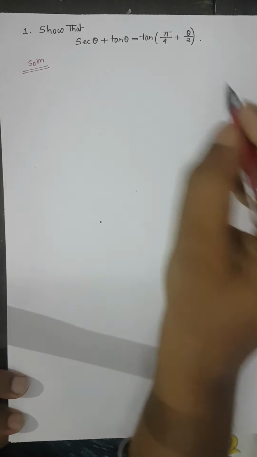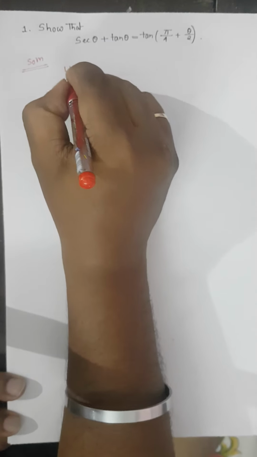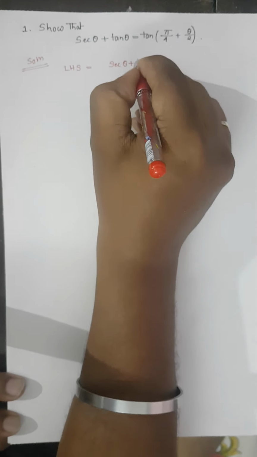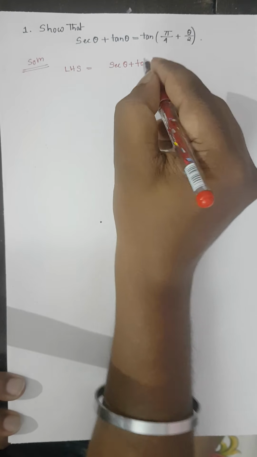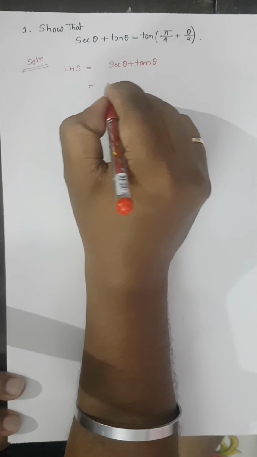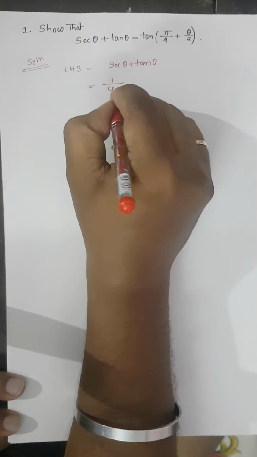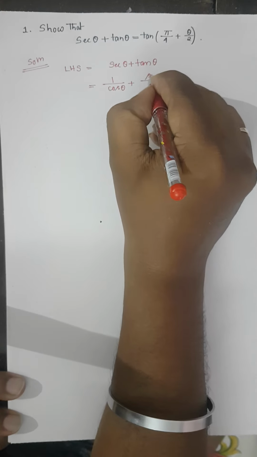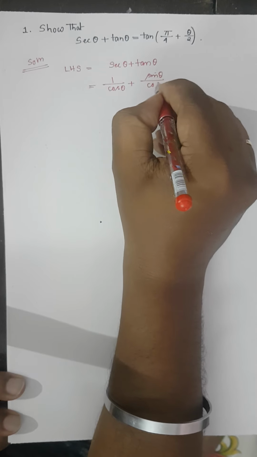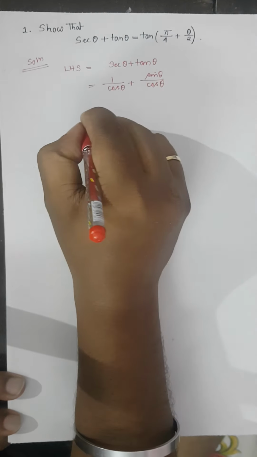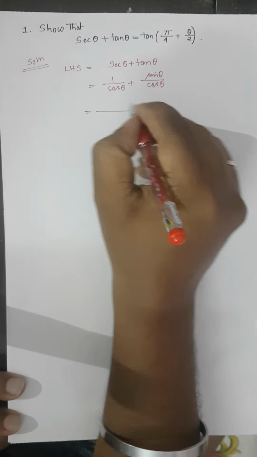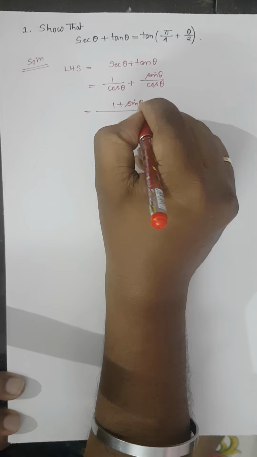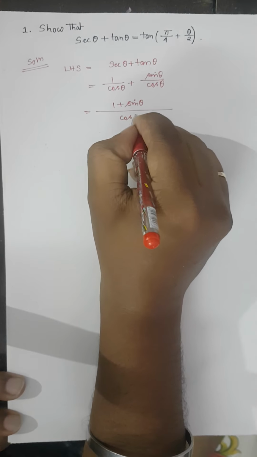Solution. So, LHS is sec theta plus tan theta. If I express sec theta as 1 by cos theta and tan theta as sin theta by cos theta, now you take LCM, you'll get 1 plus sin theta by cos theta.